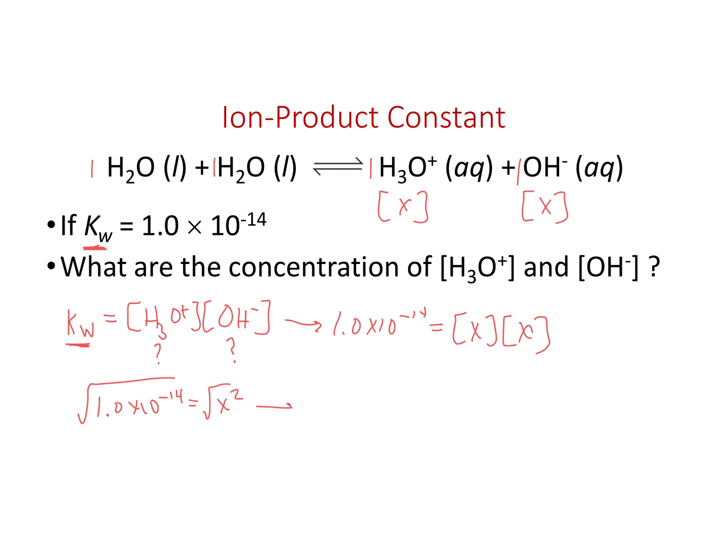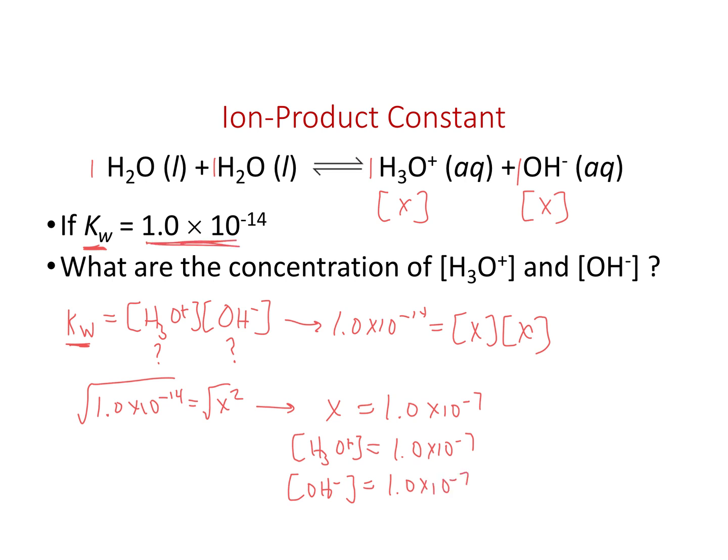Take the square root of both sides, and X equals 1 times 10 to the minus 7. So that tells me that my hydronium concentration is 1 times 10 to the minus 7, and my hydroxide concentration is 1 times 10 to the minus 7, all based on the autoionization of water.